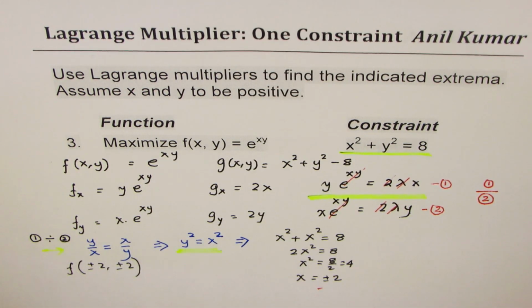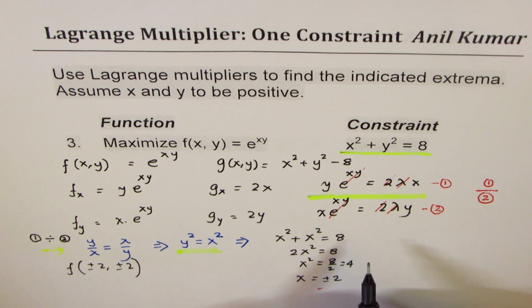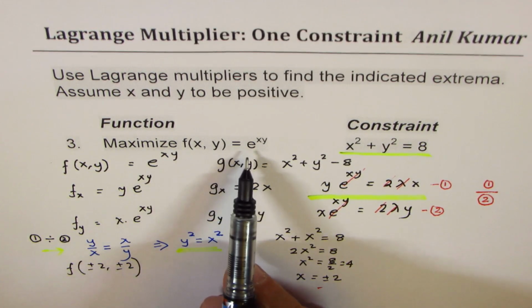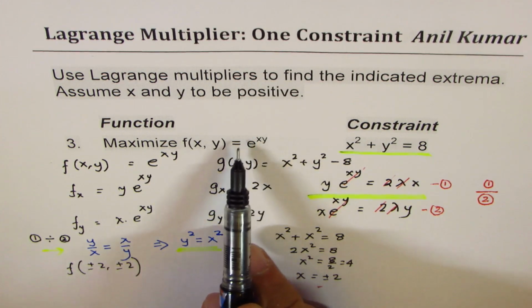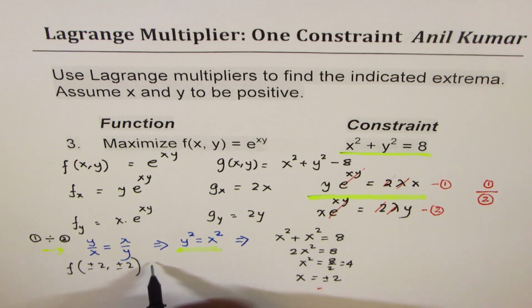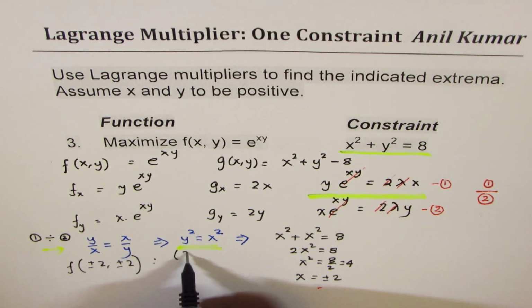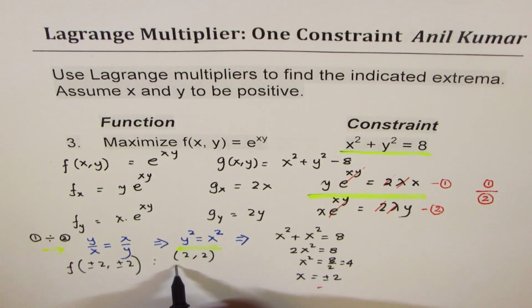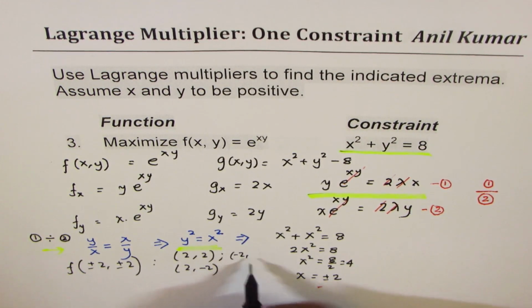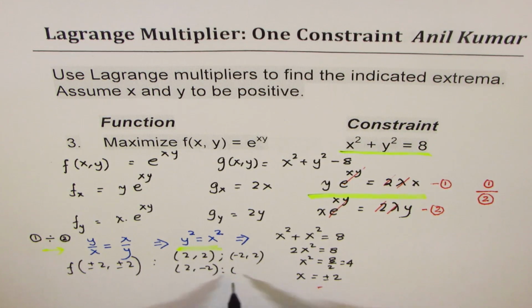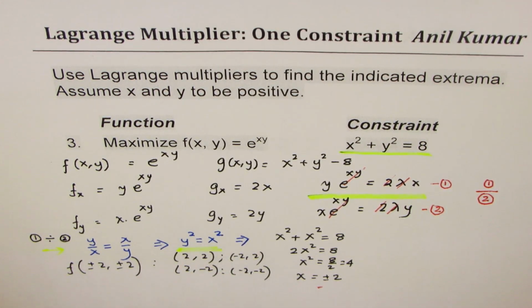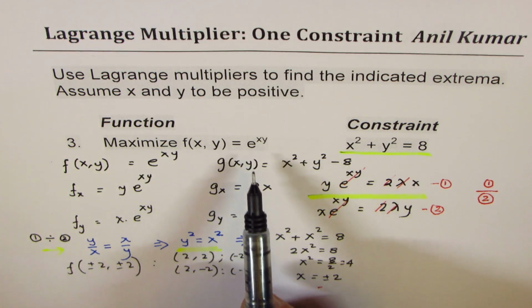So we should find the value of this function for different combinations, which means it could be 2 with 2, 2 with minus 2, minus 2 with 2, or minus 2 with minus 2. These are all the combinations which you could try.